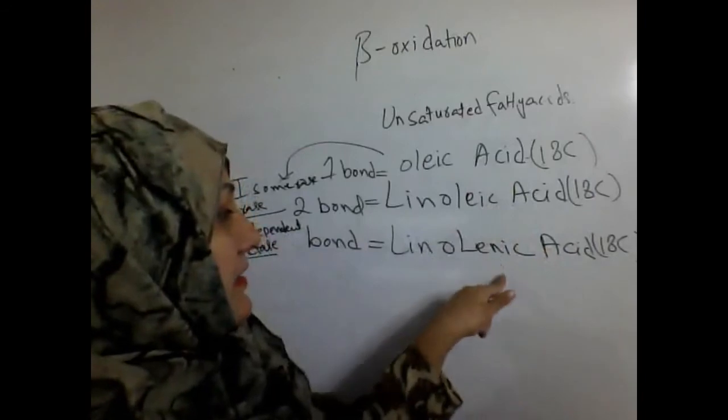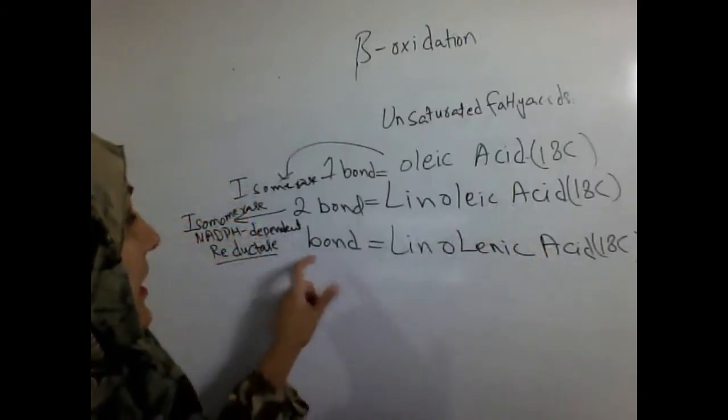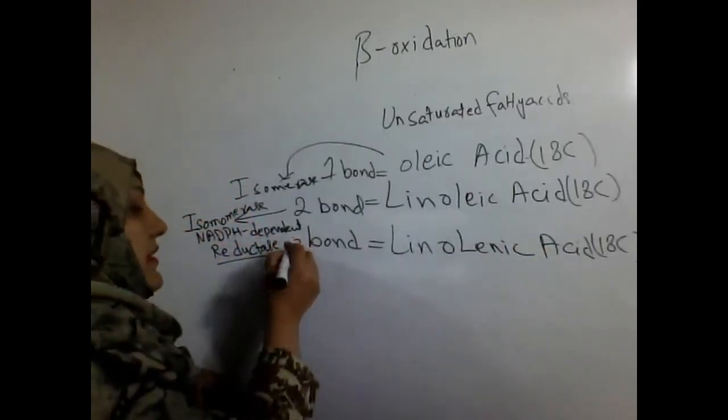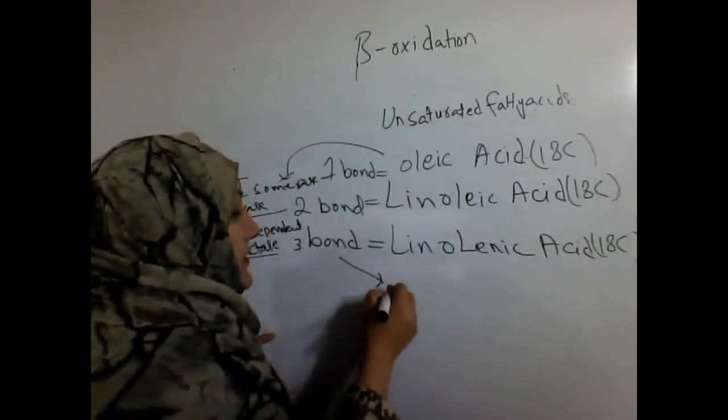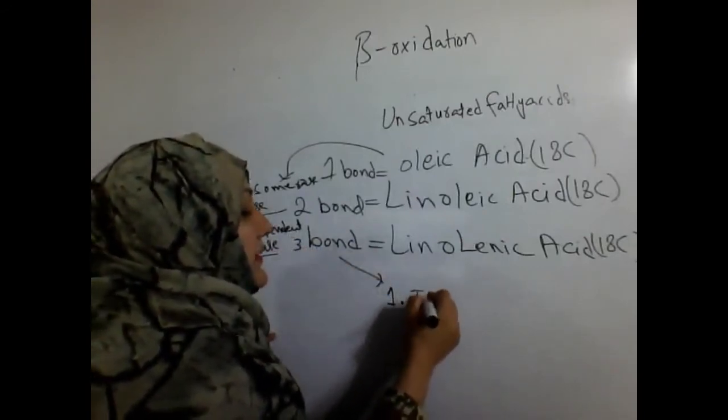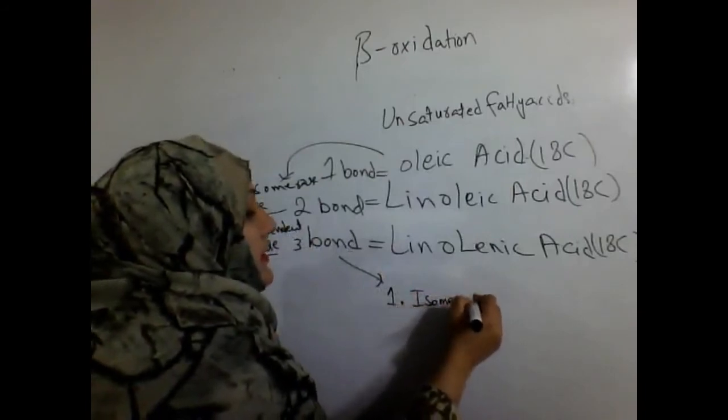Then in case of the linolenic acid, in which 3 double bonds are present, the first double bond is removed by the isomerase enzyme again.